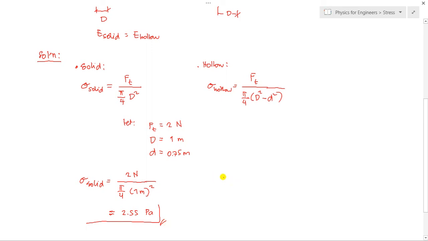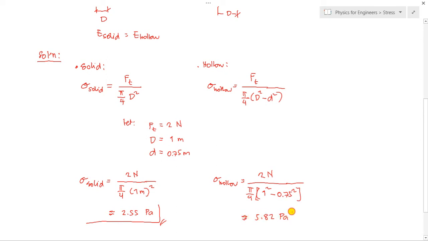How about the hollow? Sigma hollow is equal to 2 newtons tensile force divided by pi over 4 times the outside diameter 1 meter squared minus the inside 0.75 meter squared. The answer is again in Pascal. 2 divided by pi over 4 times 1 squared minus 0.75 squared. The answer is approximately 5.82 Pascal.